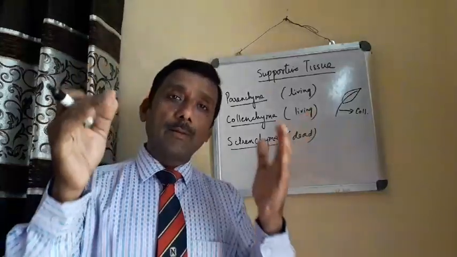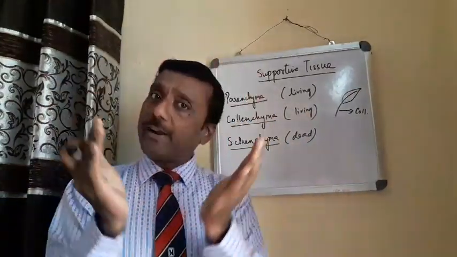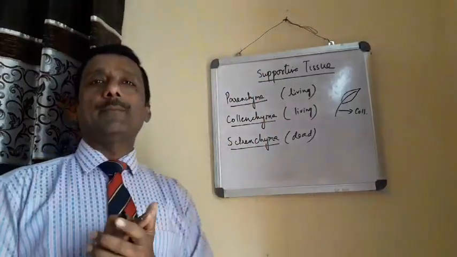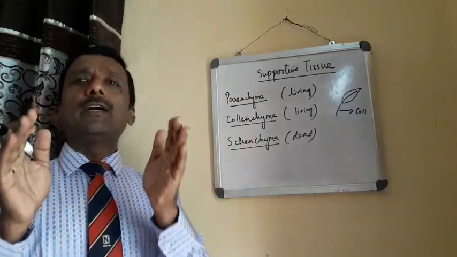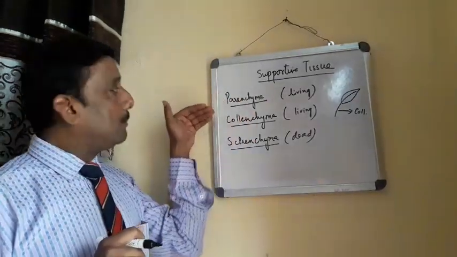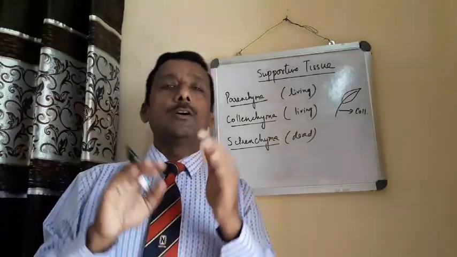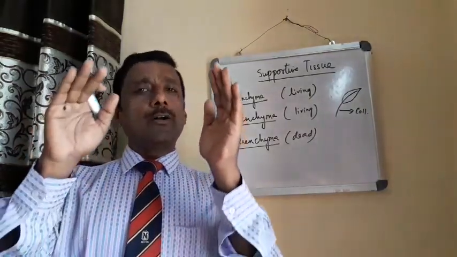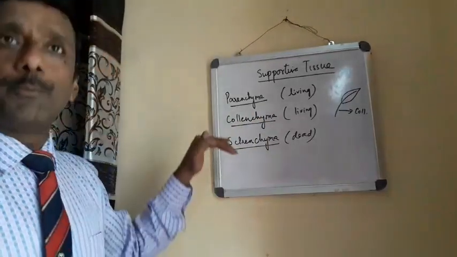Where are they available? In stem, leaves, even the fruit covering, you have sclerenchyma, and they give support to leaf, stem, flowers, or the fruit covering. These are the three supportive tissues.